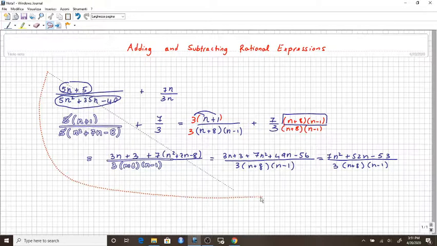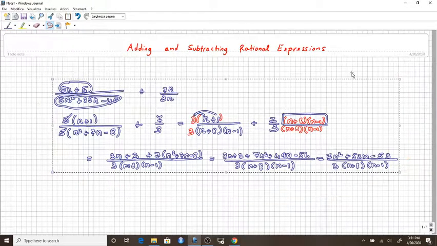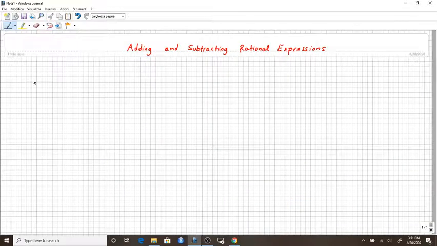Now let me show you something a little bit different than what we have done so far, that still involves adding rational expressions. Okay, how are we going to work a problem like this? So a divided by 25 minus a divided by 5, and all of this we want to divide by a.